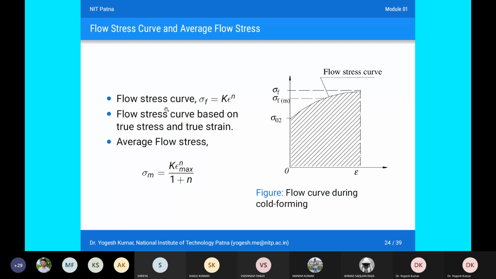The flow stress curve is based on your true stress and true strain. The average flow stress during plastic deformation is given by sigma m equal to K epsilon max raised to the power n divided by 1 plus n. Suppose your maximum strain is epsilon max, then you can calculate your average flow stress using this formula.